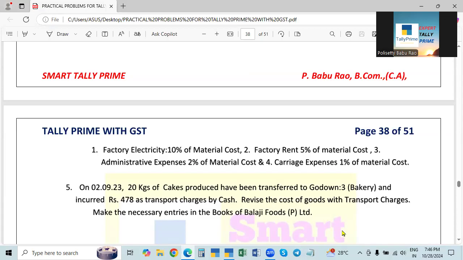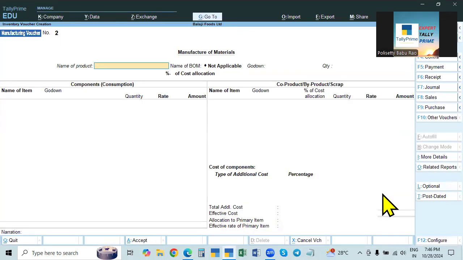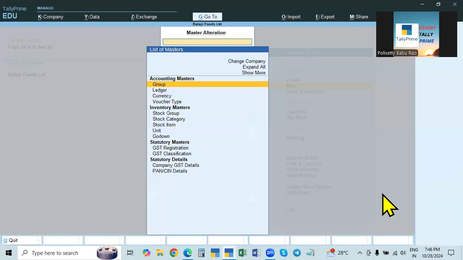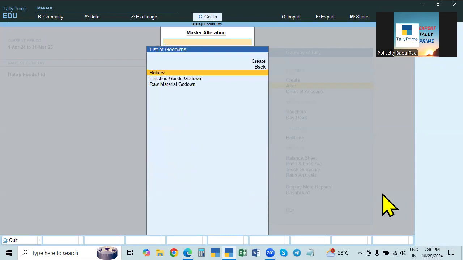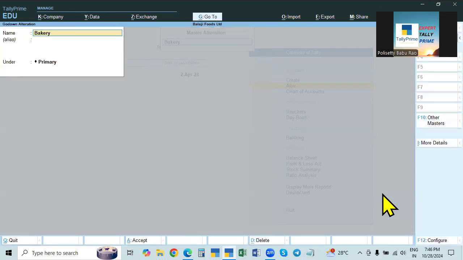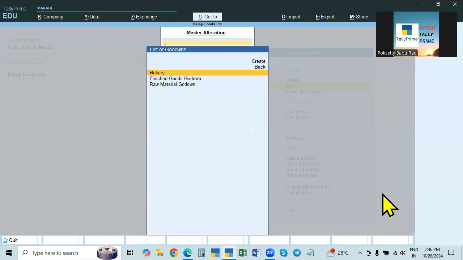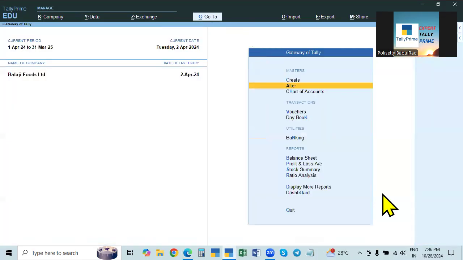Only 20 kgs are transferred to the bakery. For that purpose, I created a bakery godown, or simply bakery.